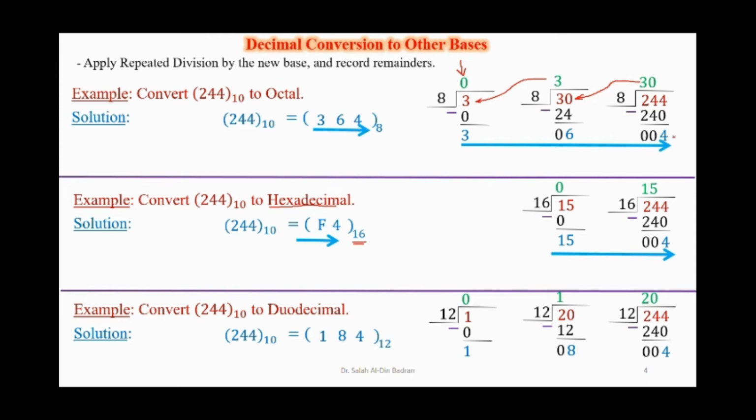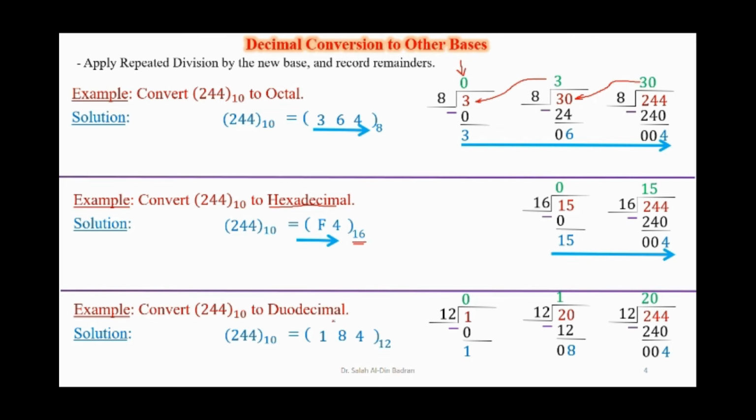If you obtained, for example, 8 or 9, that means there is something wrong in your division process. You have to repeat the division at that step. So what you have here should not exceed the system that you are working on. Here we will not get 16 or 17.